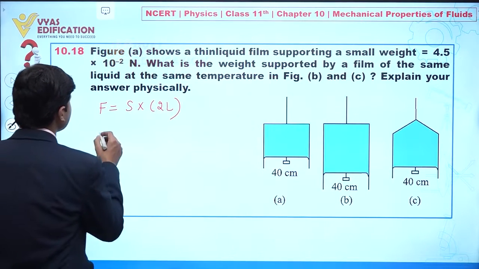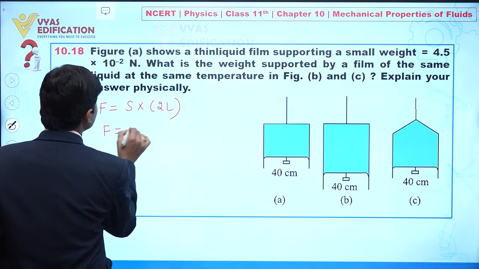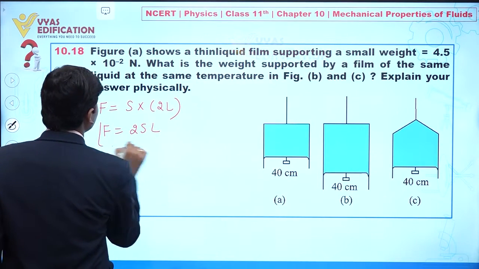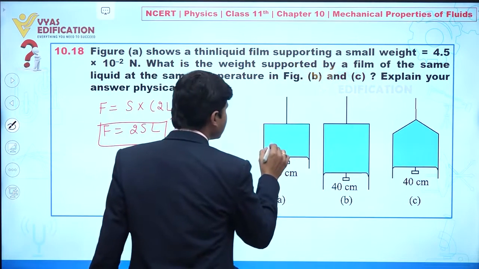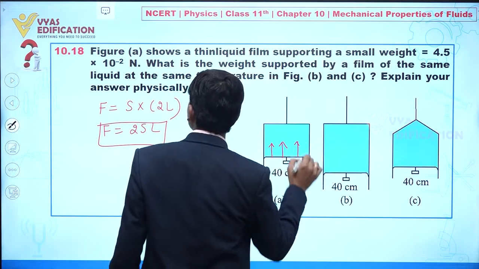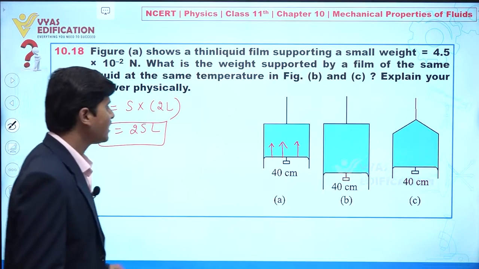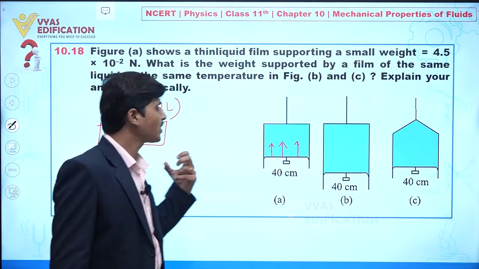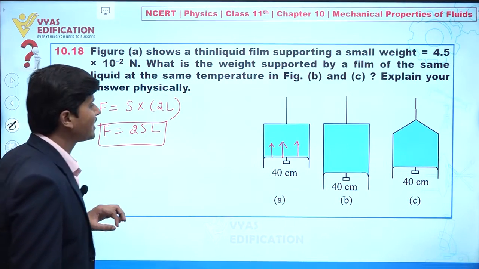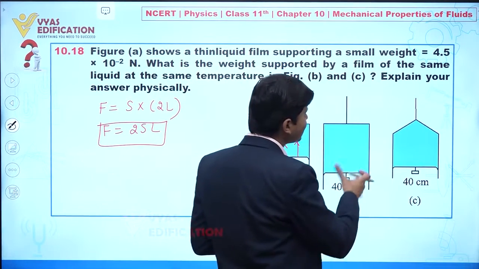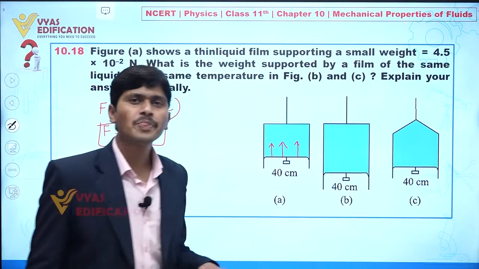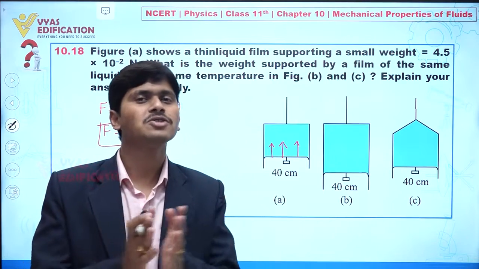So now from here F is given by 2SL, meaning whatever force acts here depends only on surface tension as well as the length of this slider. Clear to you? So it does not depend on the area of the surface of this soap film. Clear?